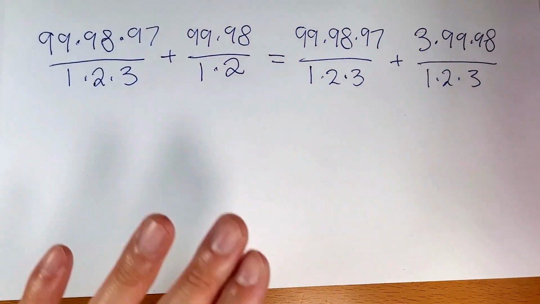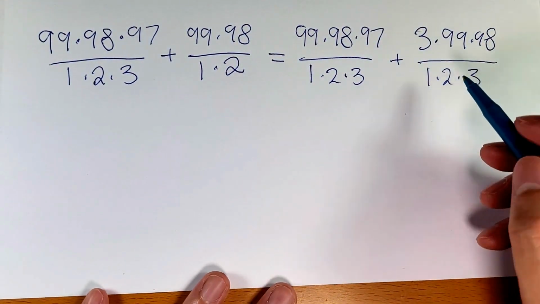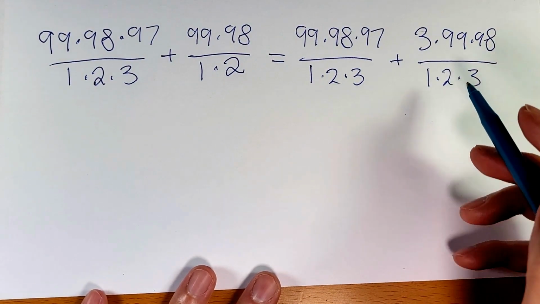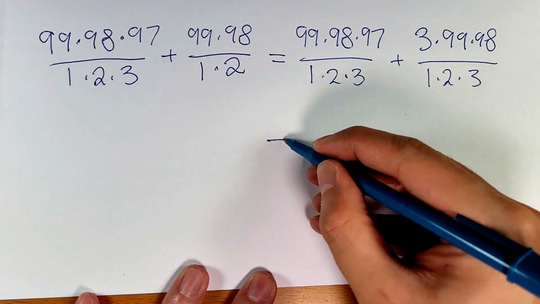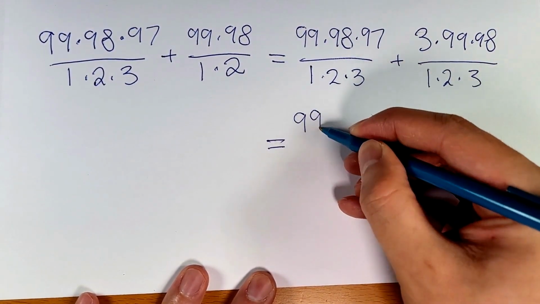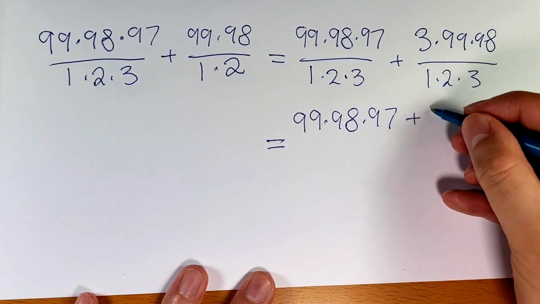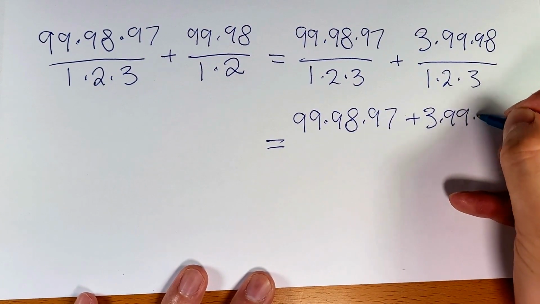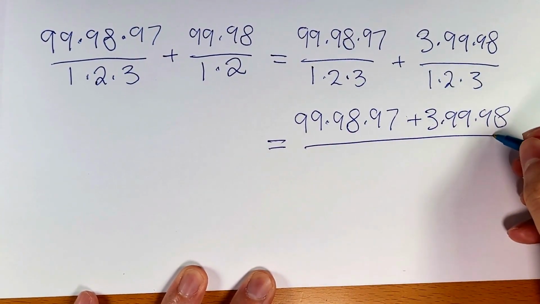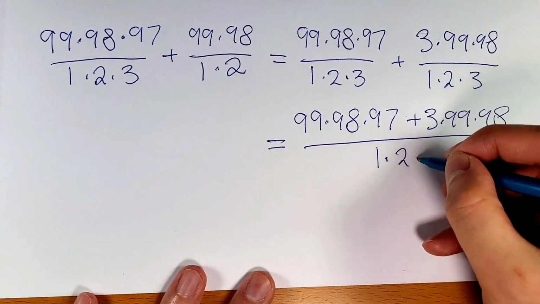So here, I'm going to now add the fractions since these denominators are the same, to get this number here, all over 1 times 2 times 3.